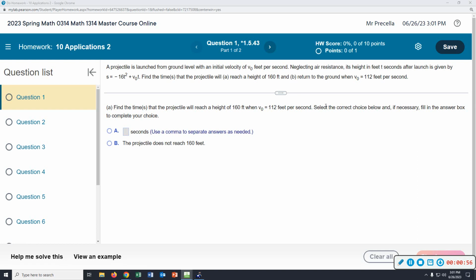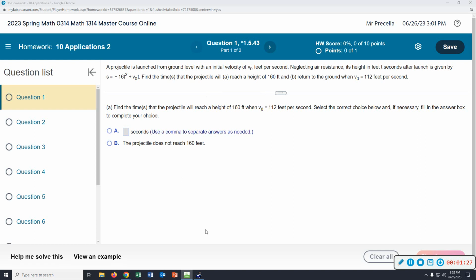Neglecting air resistance, its height in feet t seconds after launch is given by, so t is time in seconds, the height, that would be s, equals negative 16t squared plus v0 t. Find the times that the projectile will reach a height of 160 feet and return to the ground when v0 is equal to 112 feet per second.